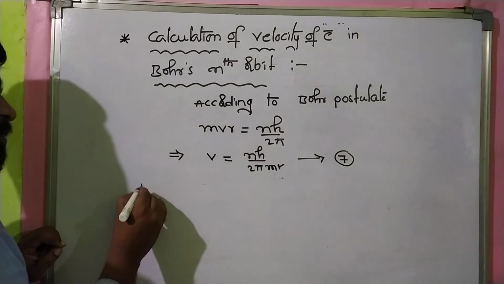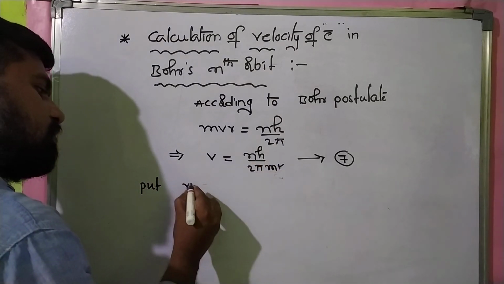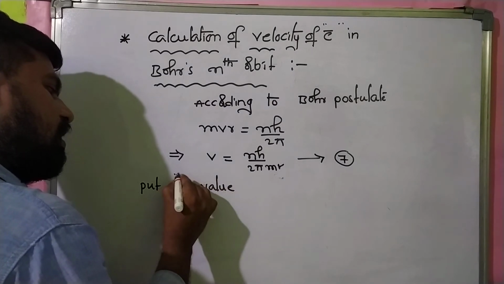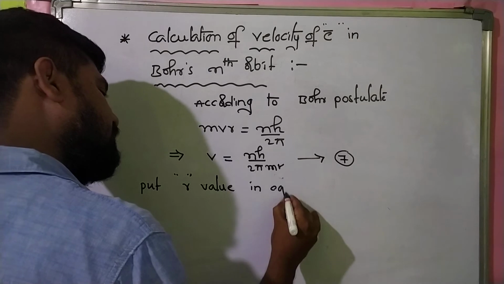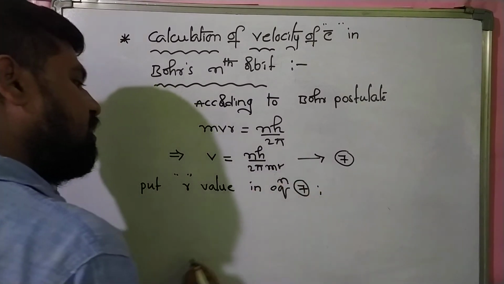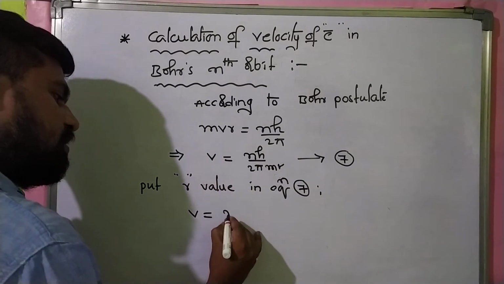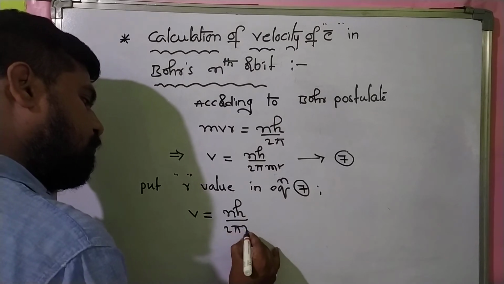Put the r value, the radius value, in equation number 7. Then we get v equal to nh by 2 pi m.